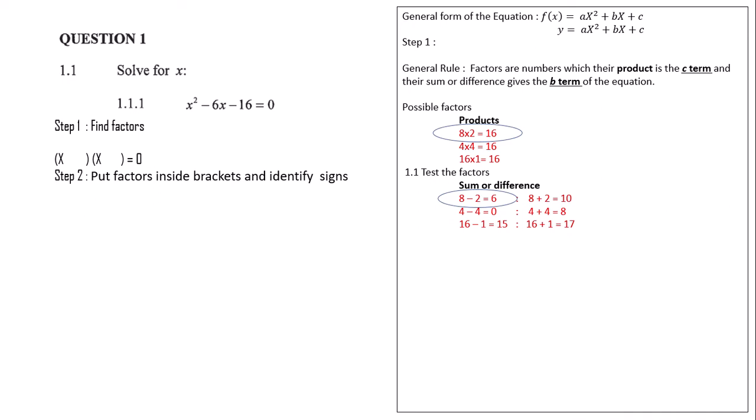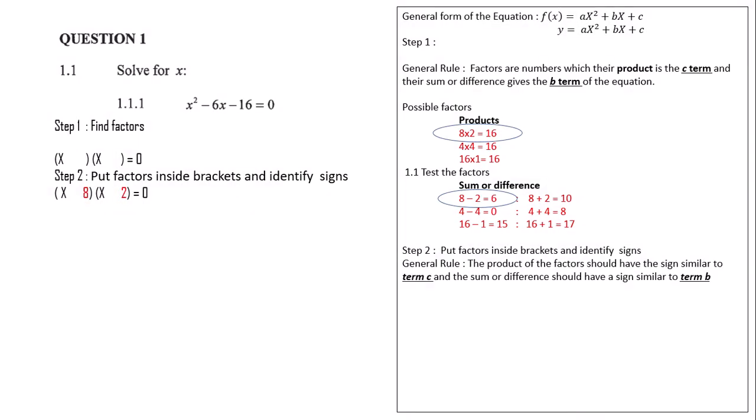Remember that those two tests that we have done don't give us which signs to put before our factors. After putting in our 8 and 2, notice that we don't have the signs there. So that will be the next step.